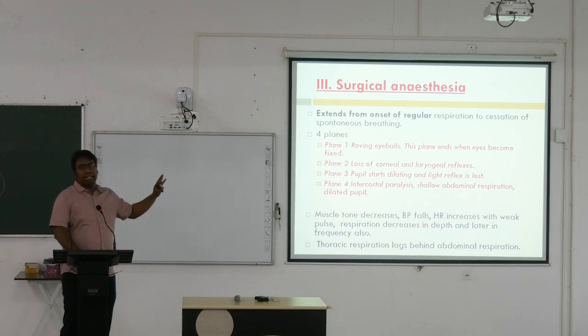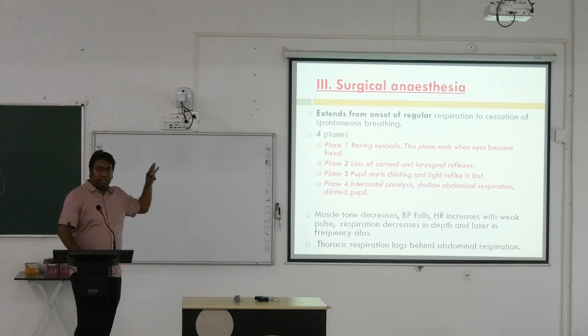Next is surgical anesthesia. Most of the surgery is done in this third stage. It starts with spontaneous breathing and ends with the cessation of spontaneous breathing. And they also divide it into 4 planes.